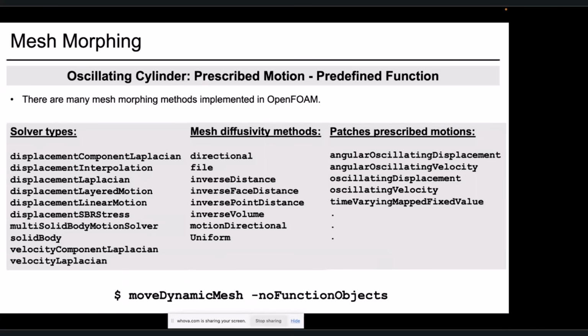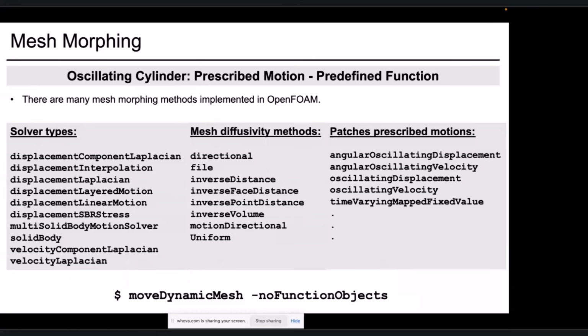It can be displacement based or velocity based, Laplacian motion, particularly it can be based on the SBR stress method, or it can be a multi-solid body motion solver, etc. Equally, the diffusivity method can be chosen as inverse distance, inverse volume, inverse face distance, inverse point distance, and so on.